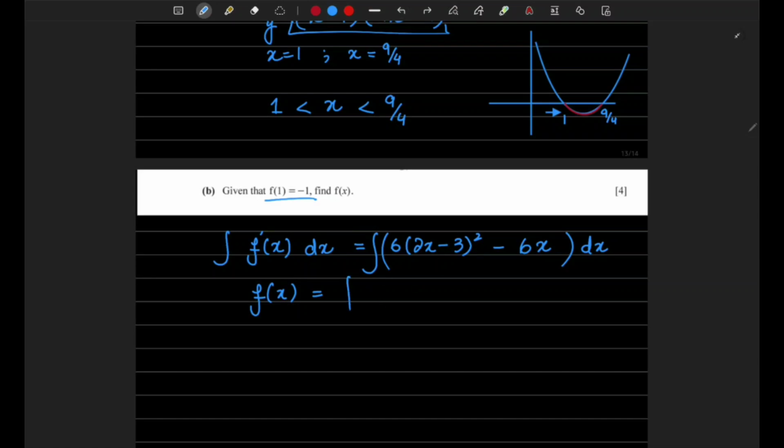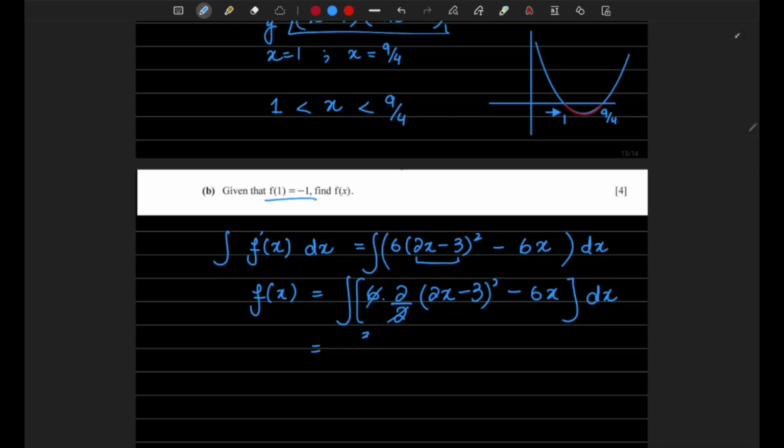Let's take the first part first. If we have an expression with a power, we keep that. We cannot integrate it unless we have the derivative of the expression. So we need to multiply and divide by 2 first. So (2x minus 3) squared minus 6x, dx.